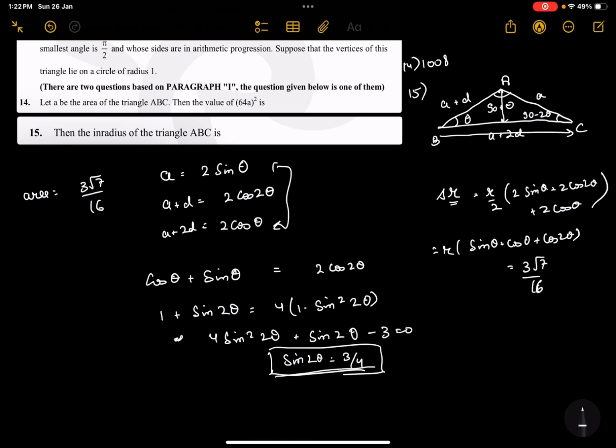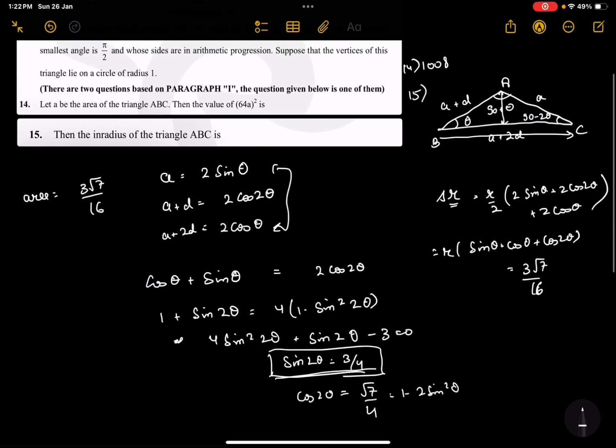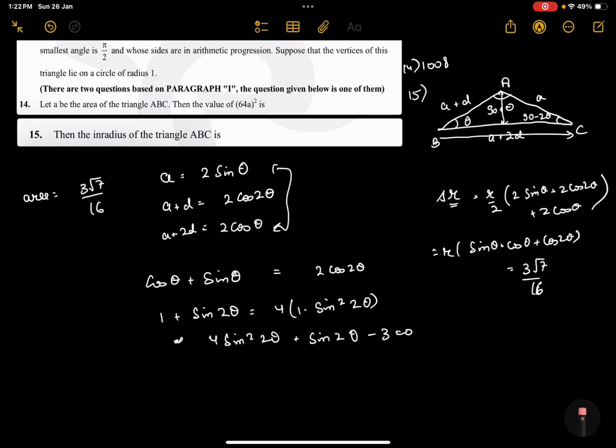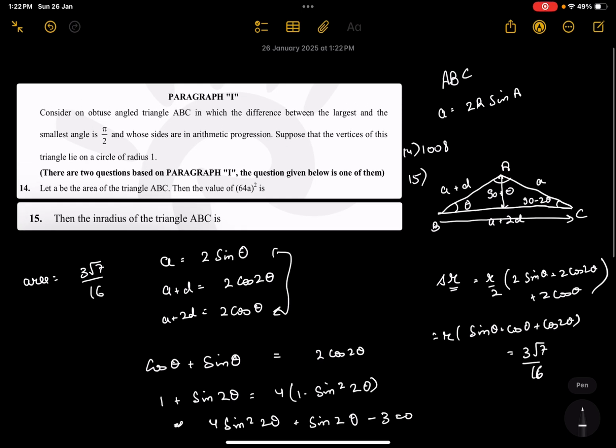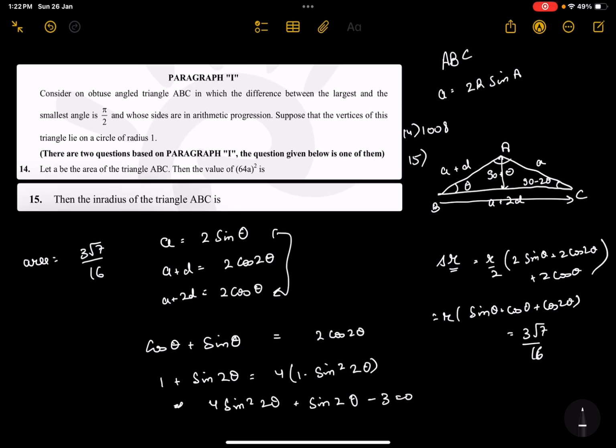So sine 2 theta is 3 by 4, which means, which we have already had, cos 2 theta is root 7 by 4. Oh, we don't really need all this.